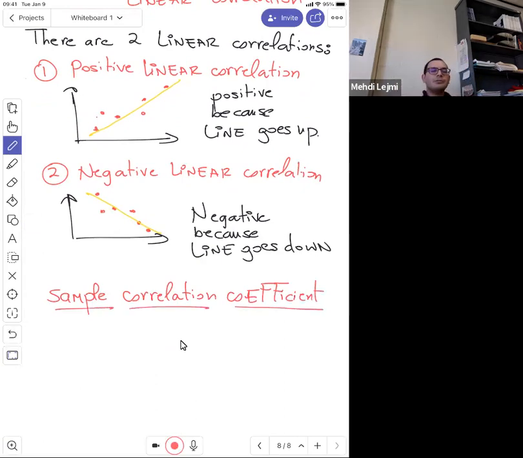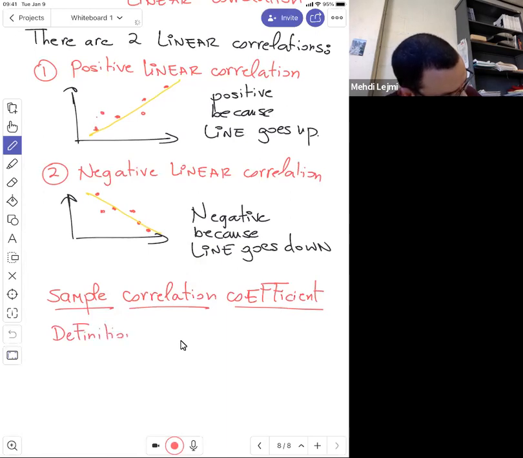This sample correlation coefficient is going to be a number, and as I said, with that number, you can check if you do have a linear correlation or not. So this is a definition, let's say.